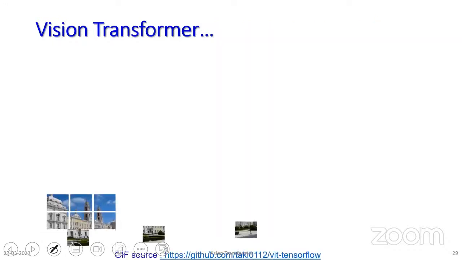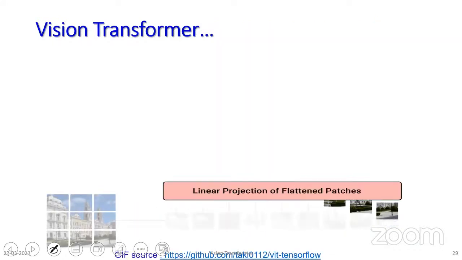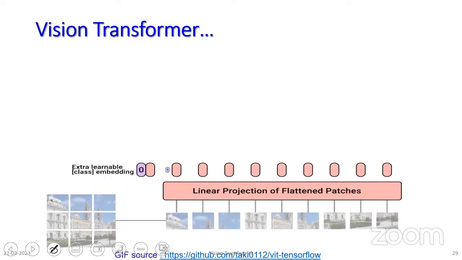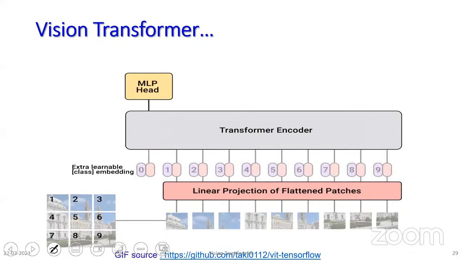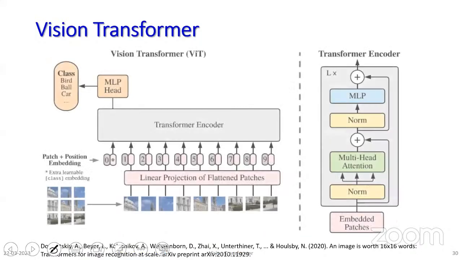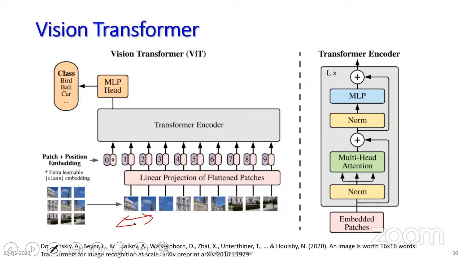Let me tell you how it does this. This is also from GitHub code. You can see how it is working, because vision transformer here is for the classification task. So first of all, these patches are flattened, right?